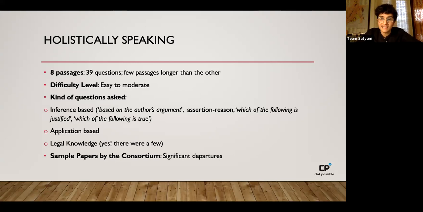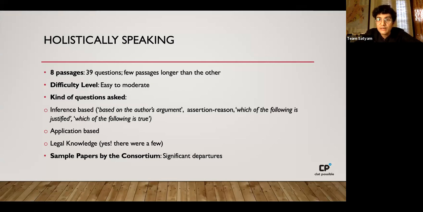And then lastly, legal knowledge. Now, we'll come to what the exact mandate of the consortium over the syllabus was, but legal knowledge was commonly thought of as not being an area where the consortium would have tested you. There were a few questions which were directly legal knowledge based, such as where they had asked you about defamation, whether it is a civil offense or a criminal offense or both.